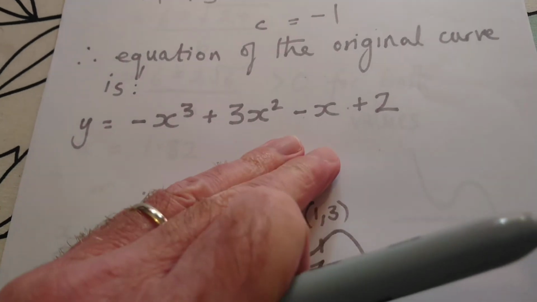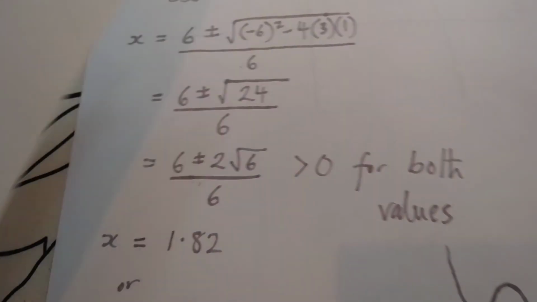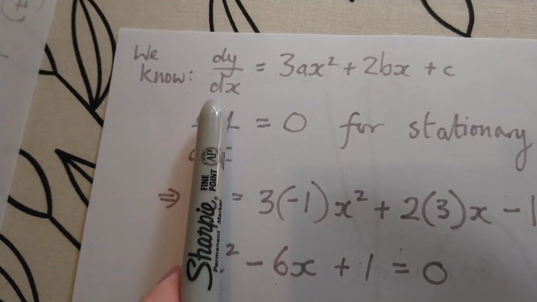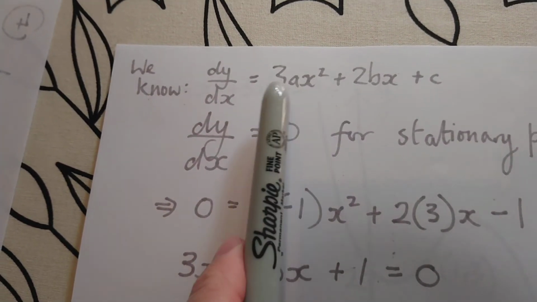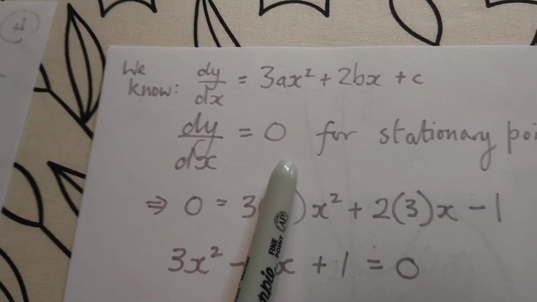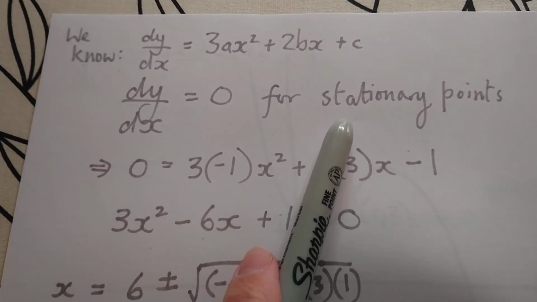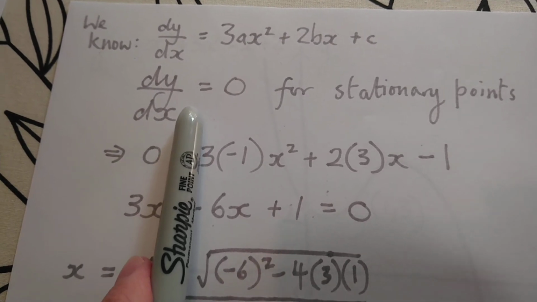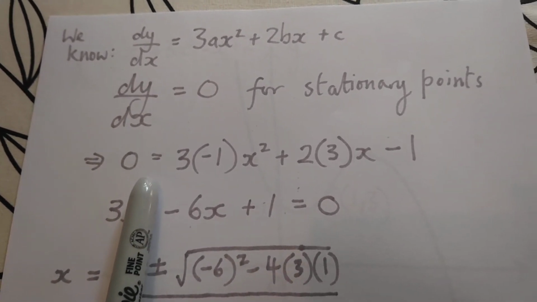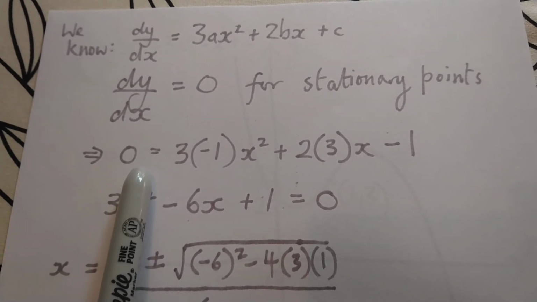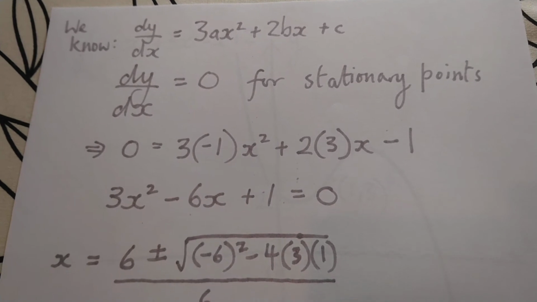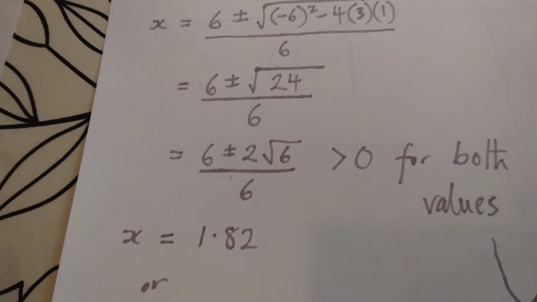So to do a proper job of the sketch, we have to return to the expression we worked out earlier for dy by dx, except that now we know the values of a, b and c. So if we go back to look for stationary points, we know that dy by dx must be equal to 0. And that means when we put our values for a, b and c in, we've got 0 equals this, which gives us a quadratic, which we can solve.